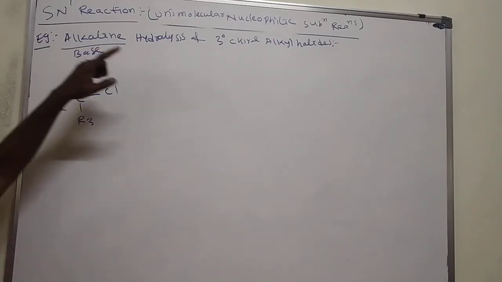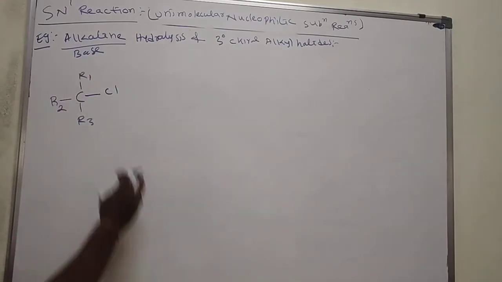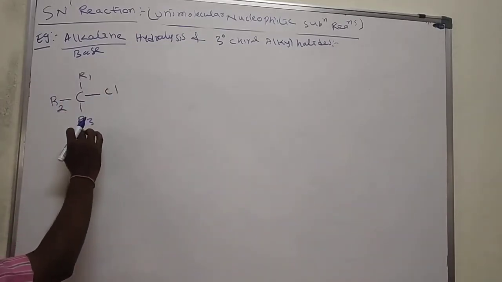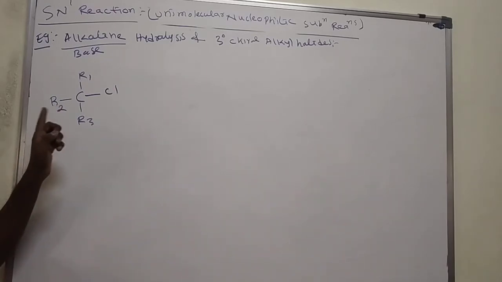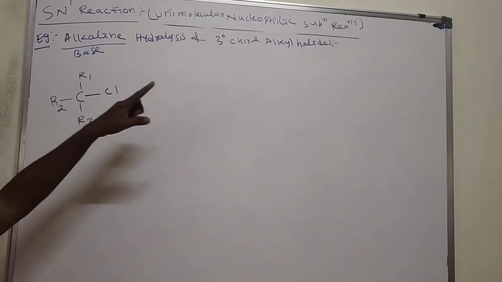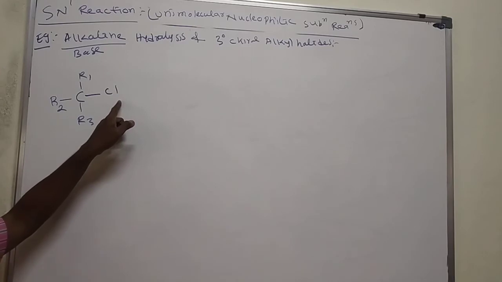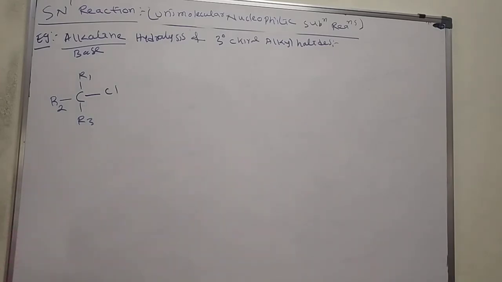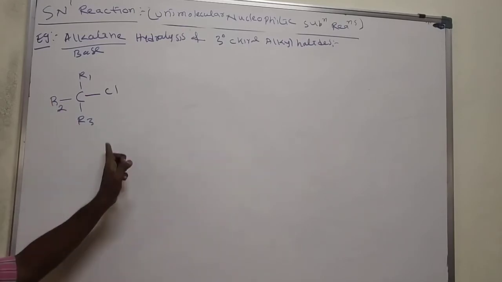Four different groups are present: R1, R2, R3 and Cl are all different. That's why we call it chiral, a chiral tertiary alkyl halide.